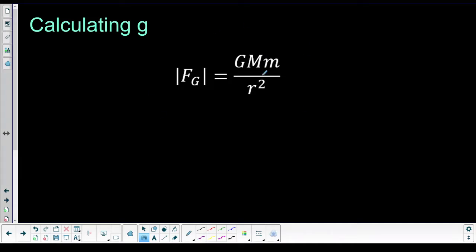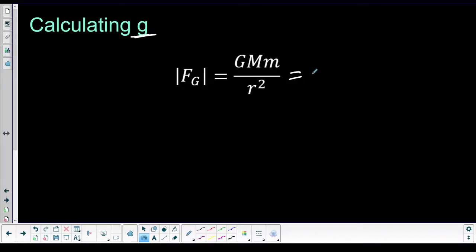So the question is, how do I get little g out of this, right? So let's talk about it. Let's just set this equal to regular weight, right? Gravity close to the surface of a planet with nice uniform stuff. It's an approximation.